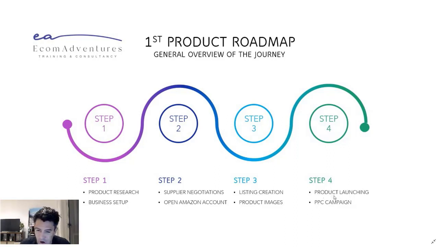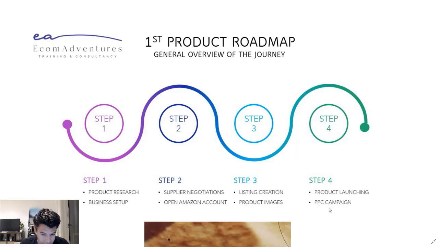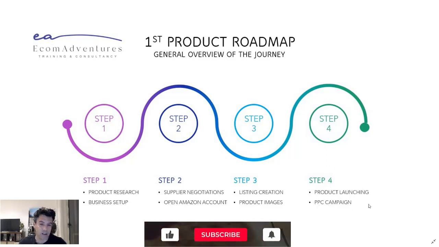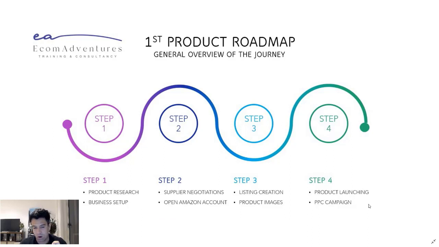Second part of step 4 is your PPC campaign, so you're going to start activating your PPC campaign. What is a PPC campaign? This is pay-per-click. This is advertising that is done inside Amazon. If you go to Amazon, you can see listings that say "Sponsored." When it says sponsored, that means it's a PPC campaign where people pay per click.